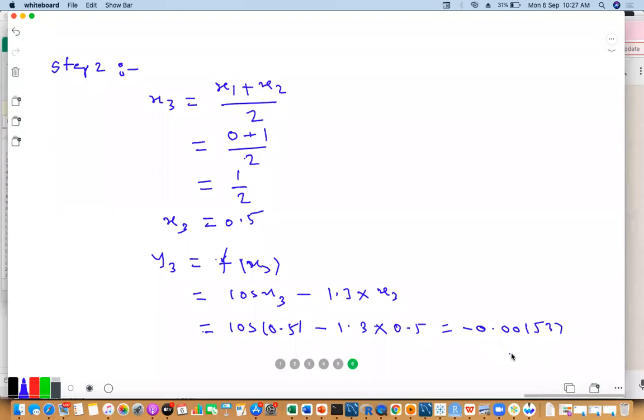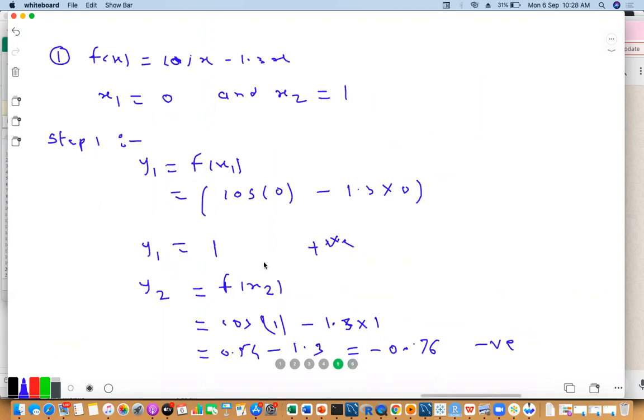This is negative, right? We have got y3 negative. Now we have to replace earlier negative, right? From y1 and y2, whatever is negative, that we have to replace, because we have got y3 as negative. Y2 is negative, right? So our new y2 will become our y3.